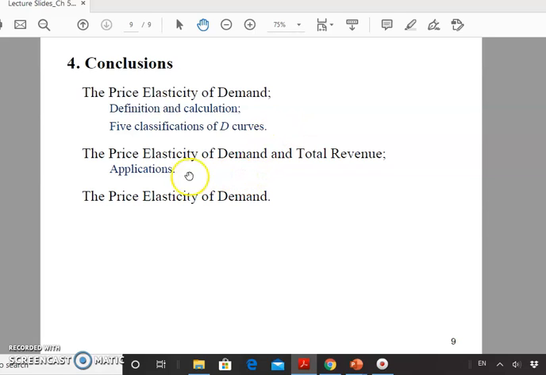Okay, and earlier in this video we talked about the important application of the price elasticity of demand. It said that businesses rely upon these to come up with their pricing strategy. Okay. All right, so I think here there's a typo. I'm sorry. It should be price elasticity of supply. Okay, I leave that for you guys to check out after this.